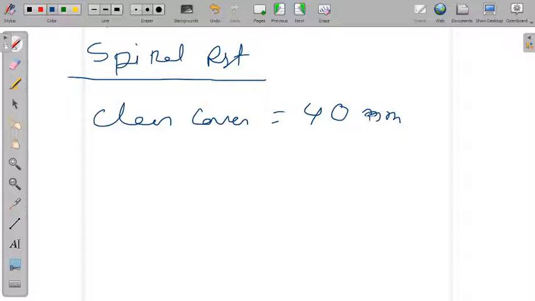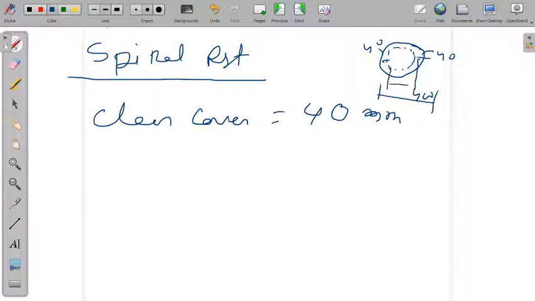I am taking 40 mm outside the spiral. That means this is my concrete, and this is the spiral boundary, then this is 40 mm, and this is 40 mm. My total is 400.